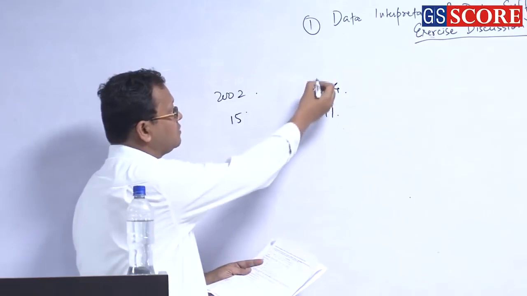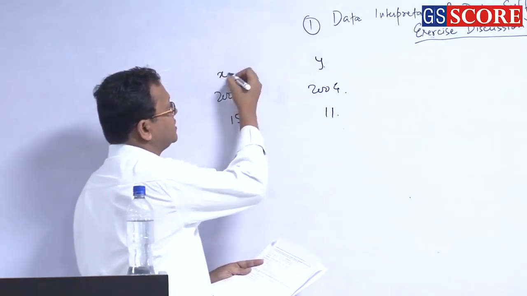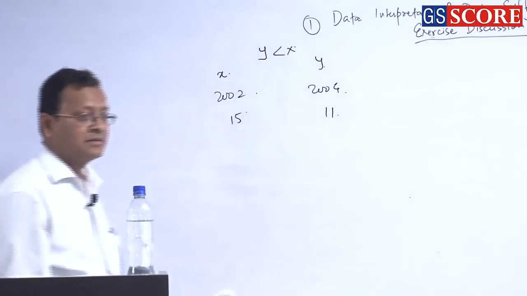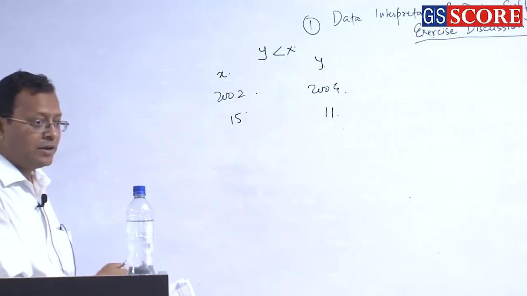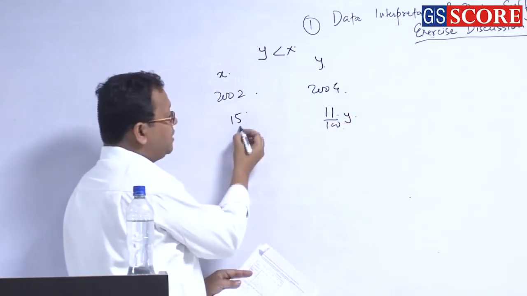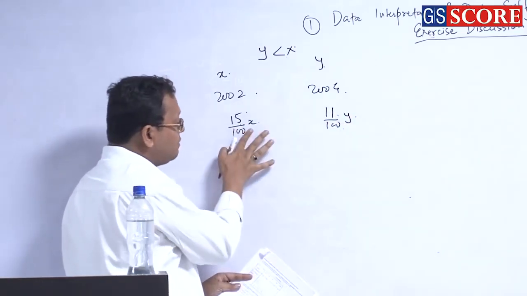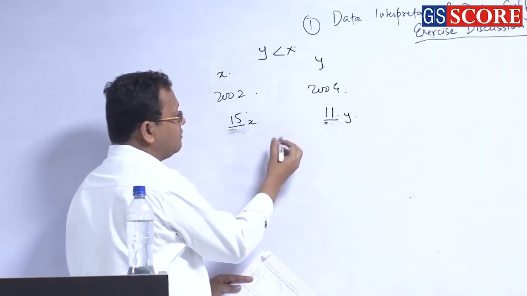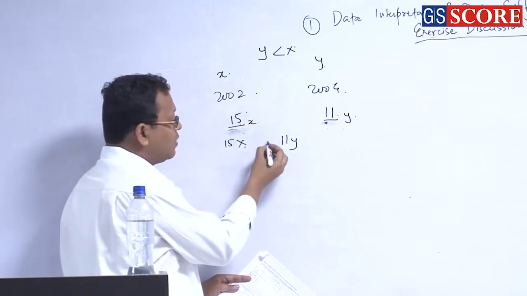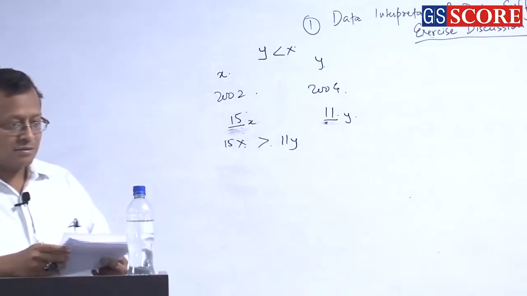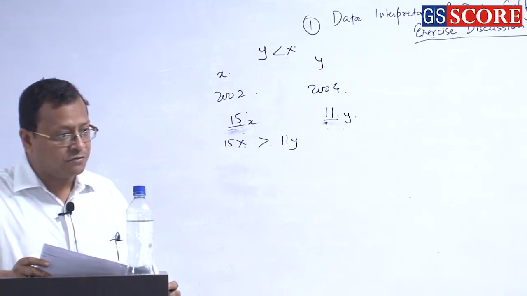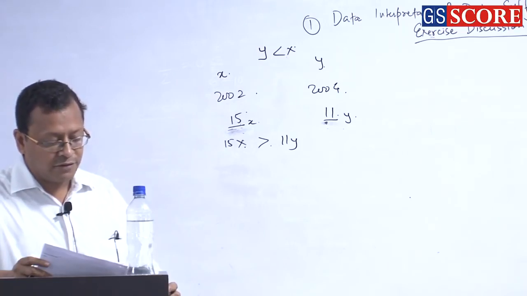Suppose the total sales in 2004 were Y and in 2002 it is X, you can definitely say that Y is less than X. It's given over here. Now 11% of Y is what? 11 by 100 into Y. 15% of X is what? 15 by 100 into X. Now leave out those 100s here, you are getting 11Y and 15X to be the values. So Y is less than X, so 11Y is definitely less than 15X. So in 2002, the sales of the company in Asia were definitely more than in 2004. So the answer for 1 will be C.